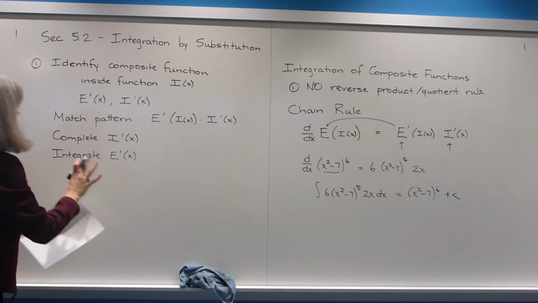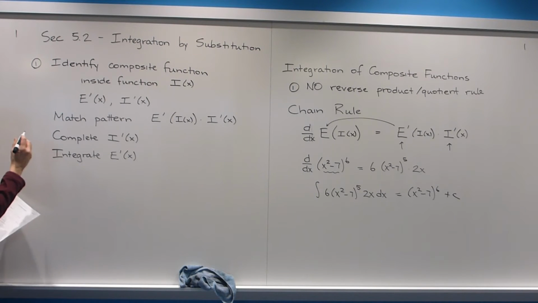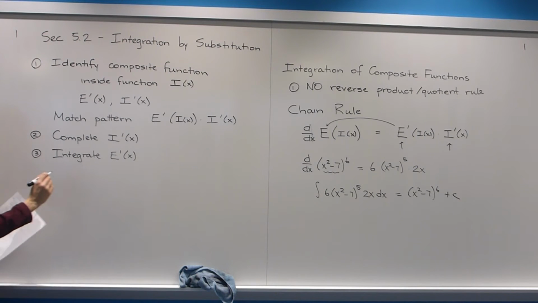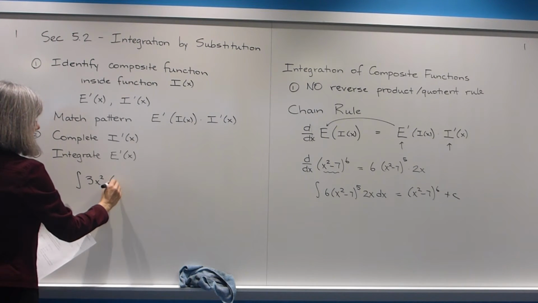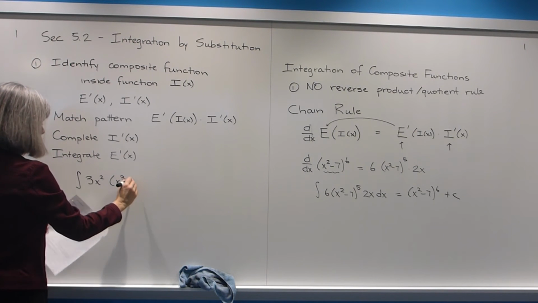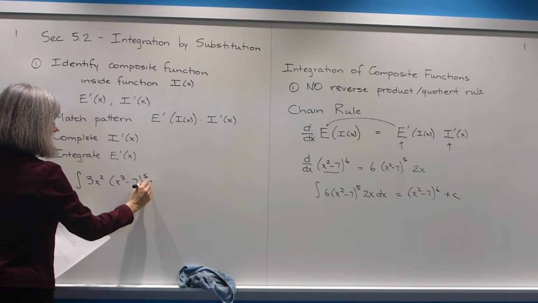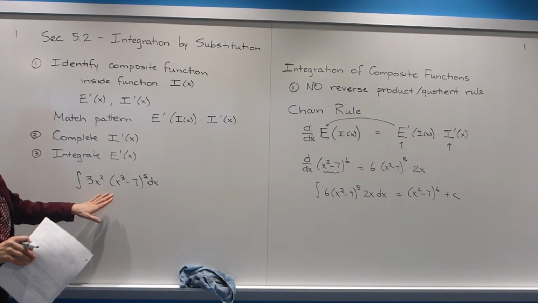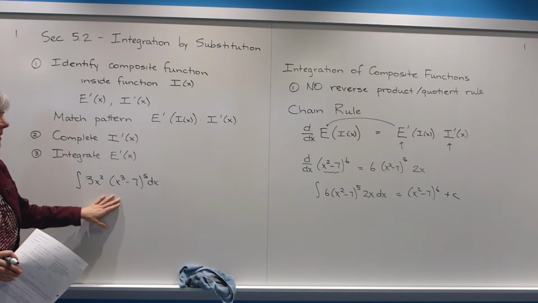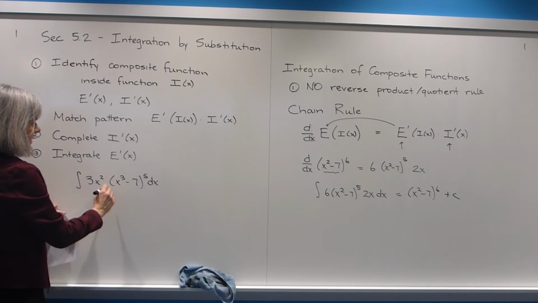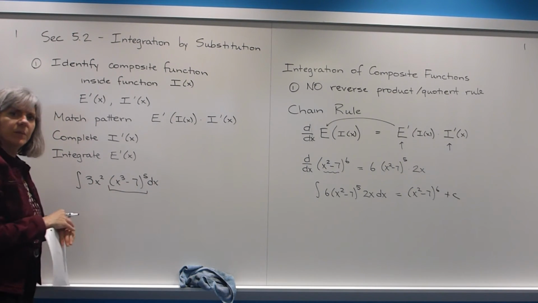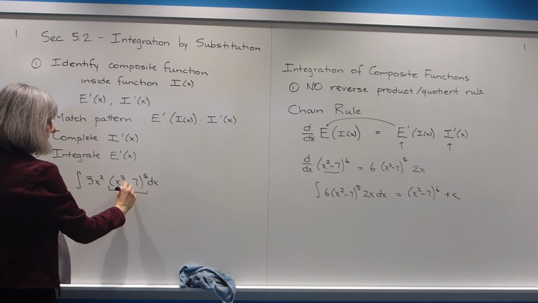Okay, so let's look at an example then. So if we're numbering steps, I guess it's like that. All right, so let's say we have 3x squared times (x cubed minus 7) to the 5th dx. Is it a basic? Well, we could multiply it out and make it into a basic, but we really don't want to. Instead, we look and we see a composite function, and here is my inside.